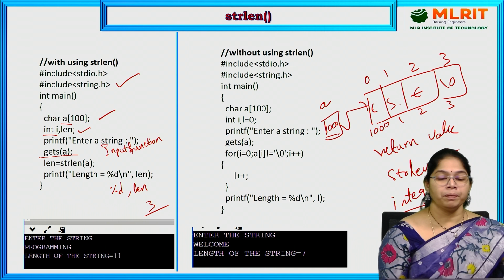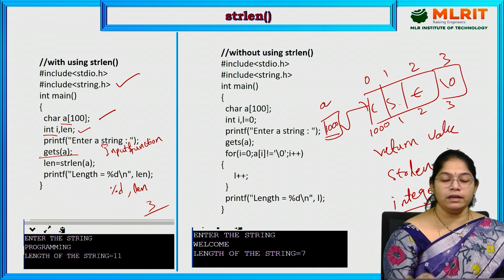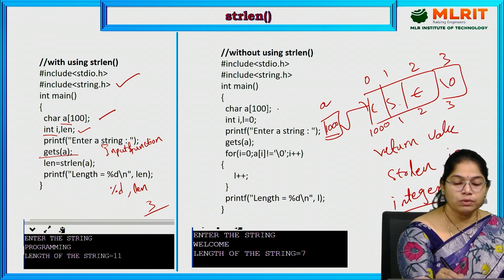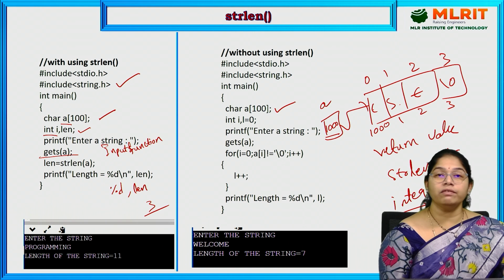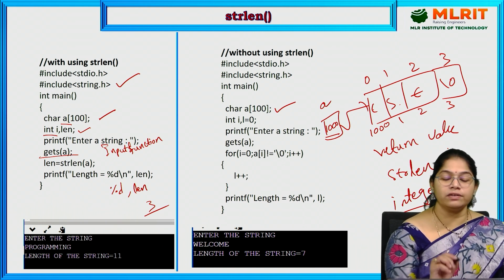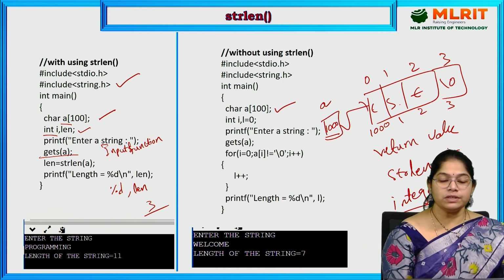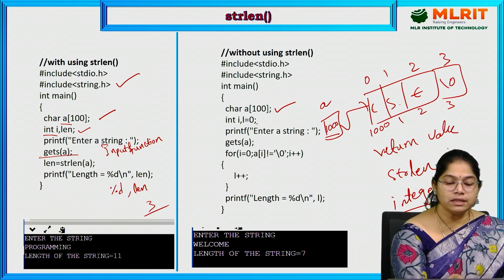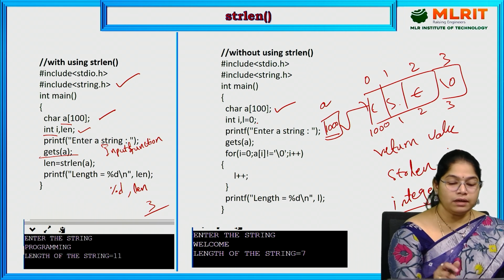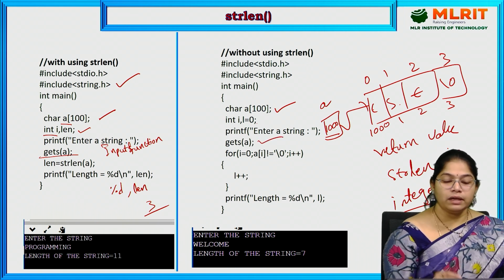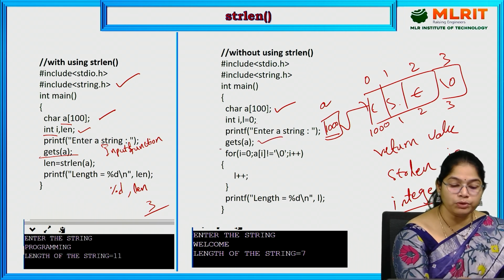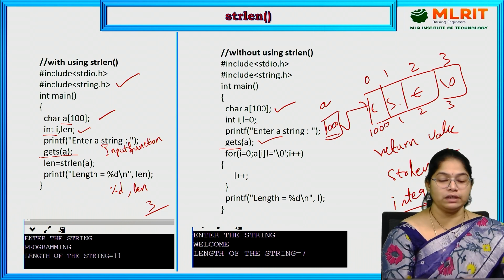Now, without using strlen, I declared a string of type char, a, and the size of that string is 100. Then L is equal to 0 initially. Now gets(a), because gets is the input function used to read the string value.